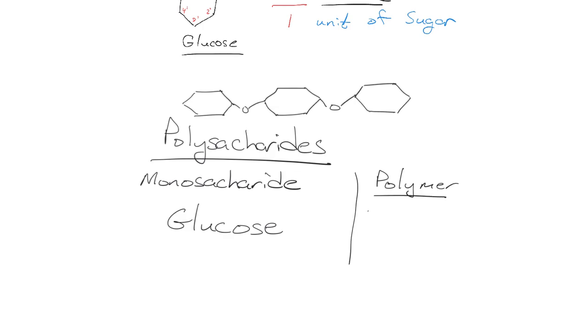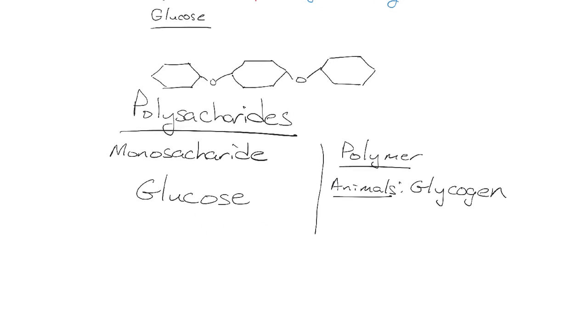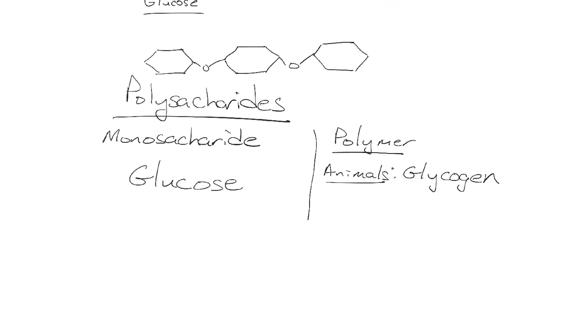can be, in animals, including you, something called glycogen. Now, the AP kids will have to know the structure, if it branches, the types of linkages and all that, but you don't have to worry about that. You just have to know that in animals, most mammals, we put it in our liver.